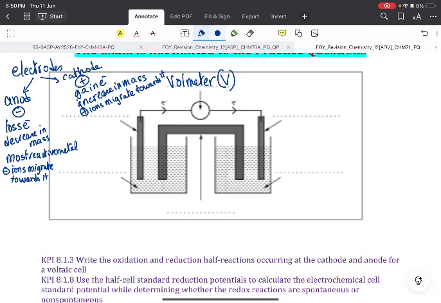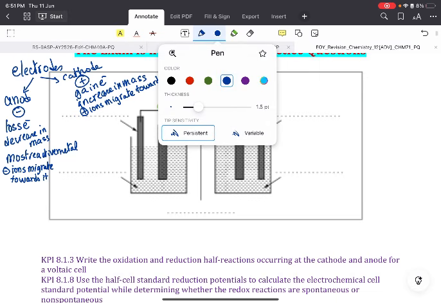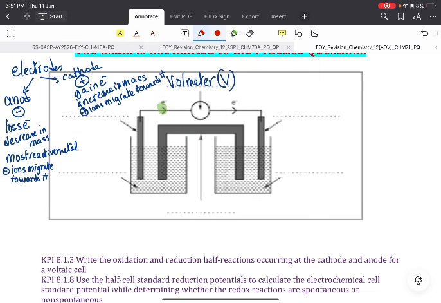Now look at this battery. I have here a sign showing me that the electrons are leaving this electrode, coming to this electrode, which means that this is the anode and this is the cathode electrode.